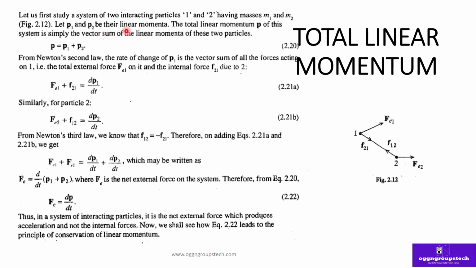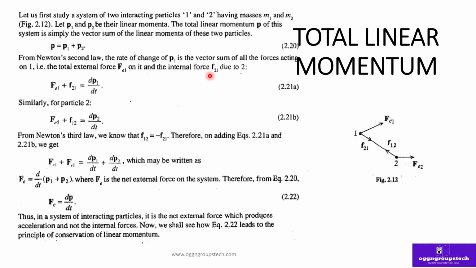Now we are going to start a topic called total linear momentum. तो total momentum क्या होता है? दो पार्टिकल्स होते हैं, so we are having two particles. For these two particles what is total momentum? So the total momentum of a body is what? So that we are going to learn here.